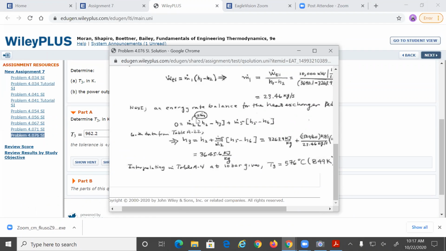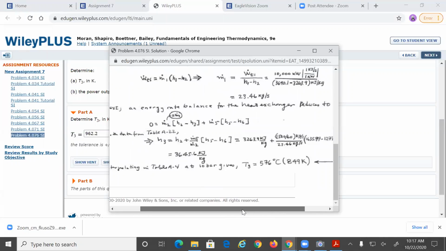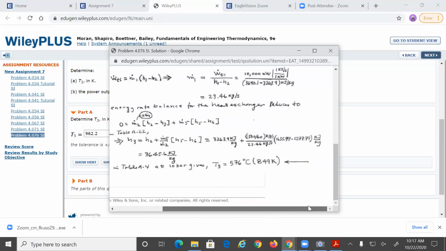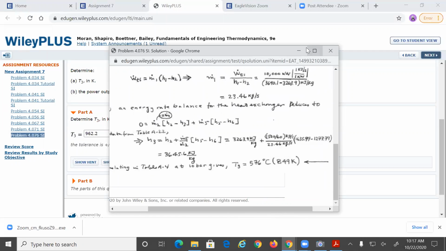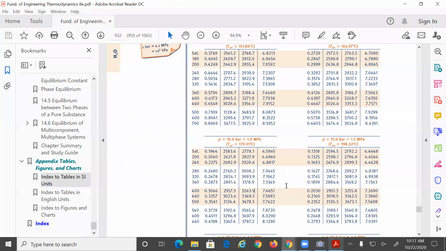So M2, M1. Okay, they don't say from where they got those values, so I guess they all come from tables. H5, H6. So they did not do the assumption, so let's go to the book.